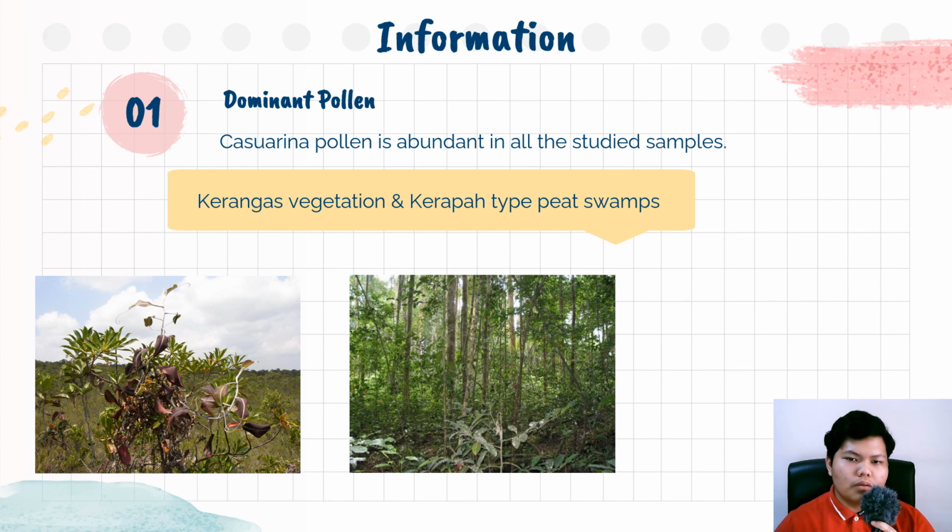Casuarina dominant pollen indicates that the depositional environment of the studied sample has Kerangas vegetation and Kerapah type peat swamps. As you can see, the picture on the left is the Kerangas vegetation, and the right one is Kerapah type peat swamps or forests. That is what Casuarina pollen's dominance indicates.